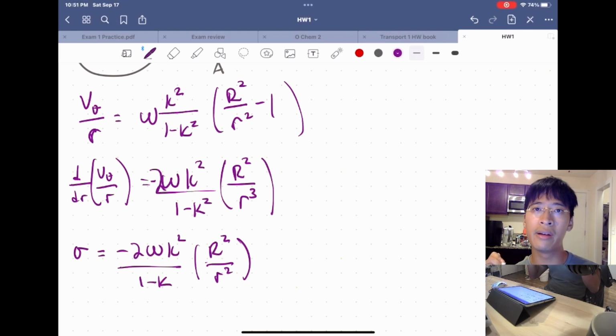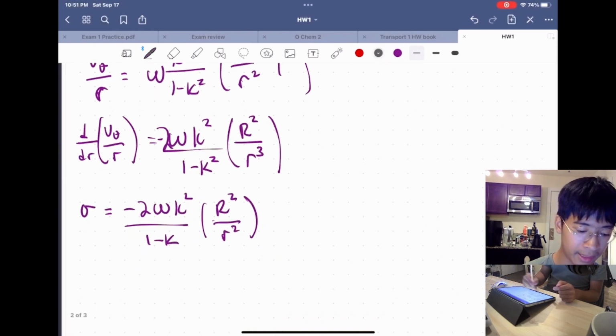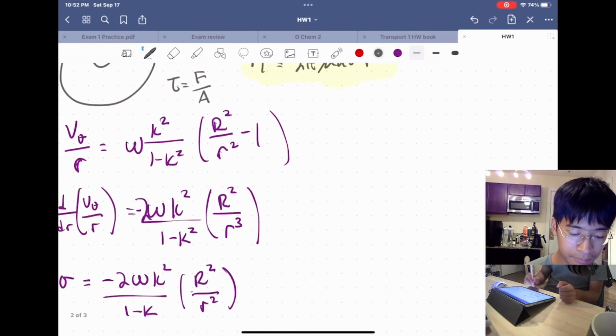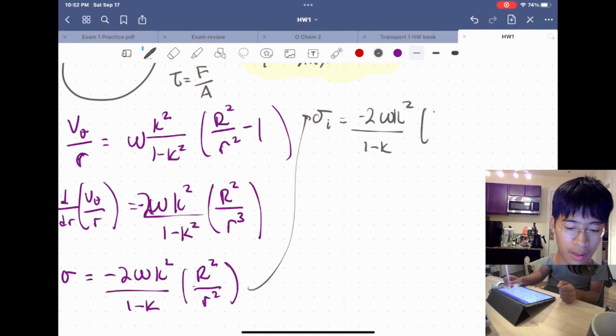So we can define the independent variable r as the inner radius. See that the shear rate at the inner radius is equal to negative 2 omega k squared over 1 minus k squared, times r squared over r_i squared, right?